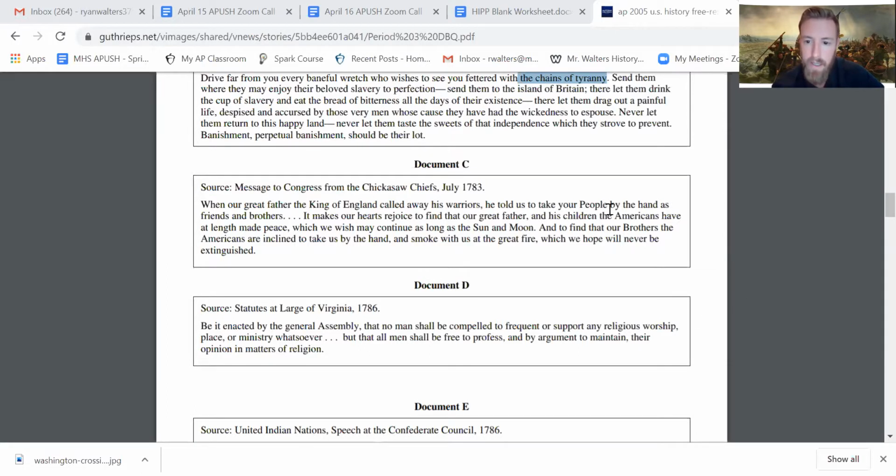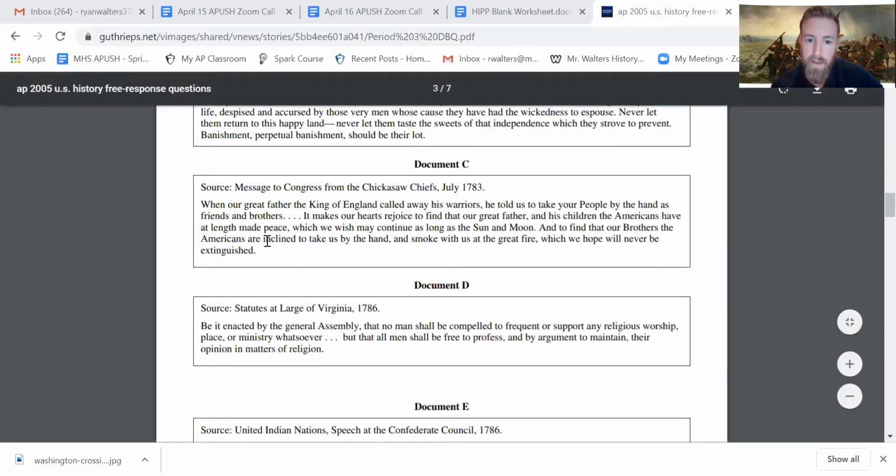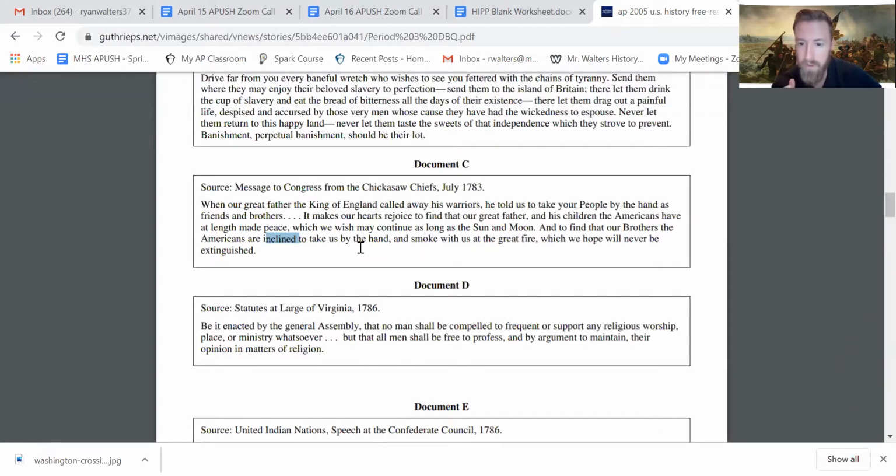Notice at the end here they say, find that our brothers, the Americans, are inclined to take us by the hand and smoke with us the great fire, which we hope will never be extinguished. So they're saying, look, while we've had these issues, we've also got along with some of these groups of people. So overall, do you think this is a positive or negative view? Notice how he starts it here.